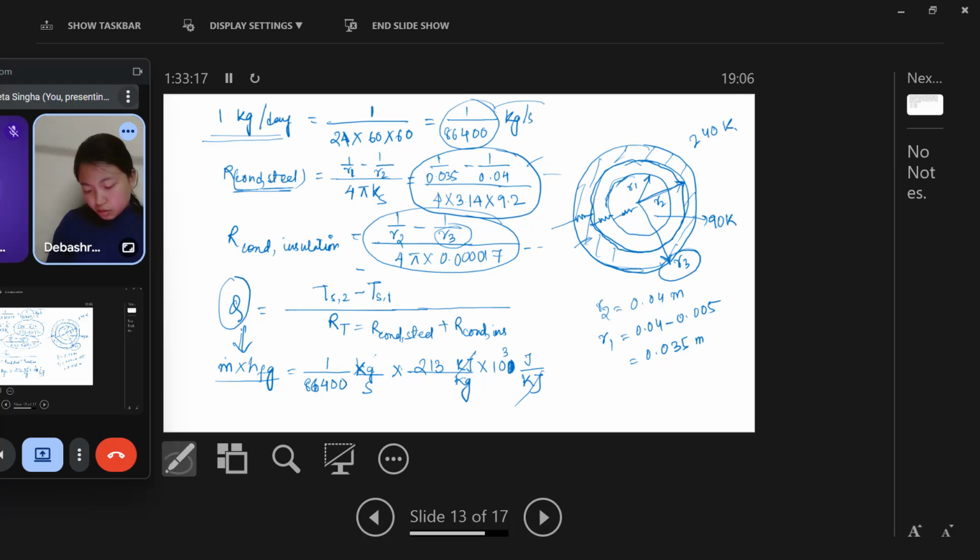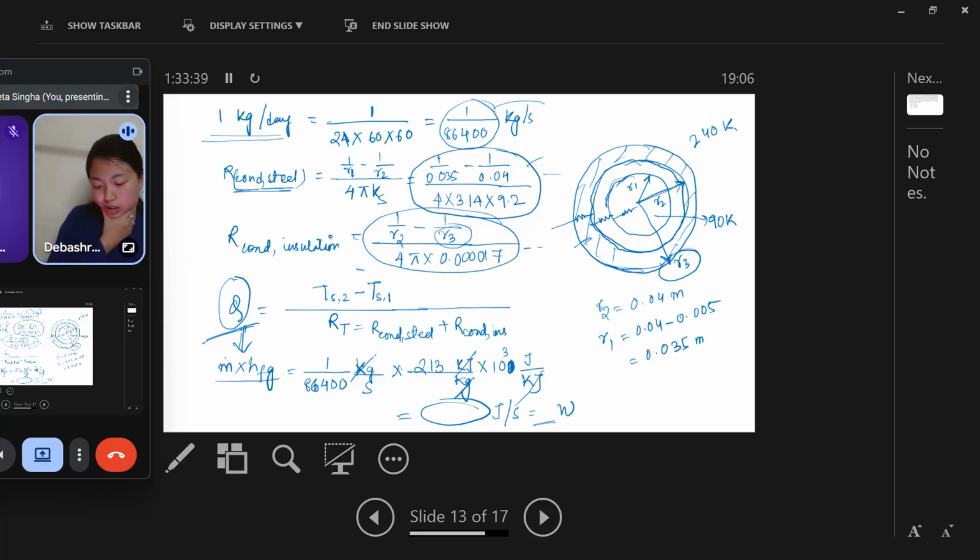This will get cancelled, this will get cancelled. So the value you get is in watt, joule per second. I'm not calculating that value, just calculate and see how much Q is coming. Whatever the value, it will be in watt.